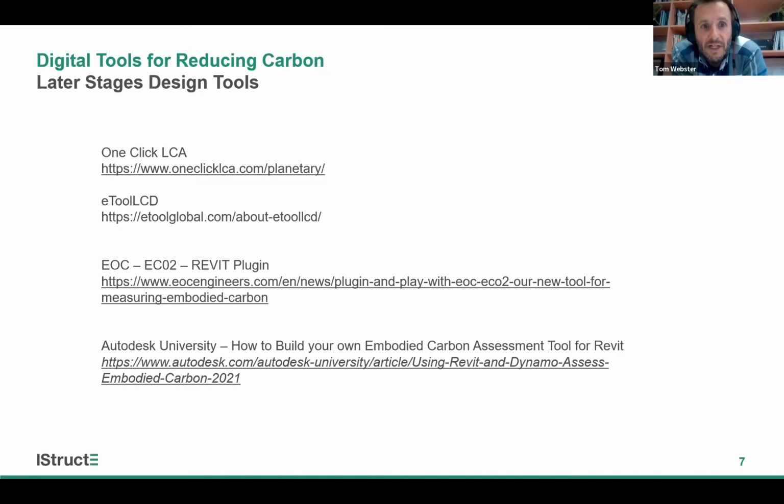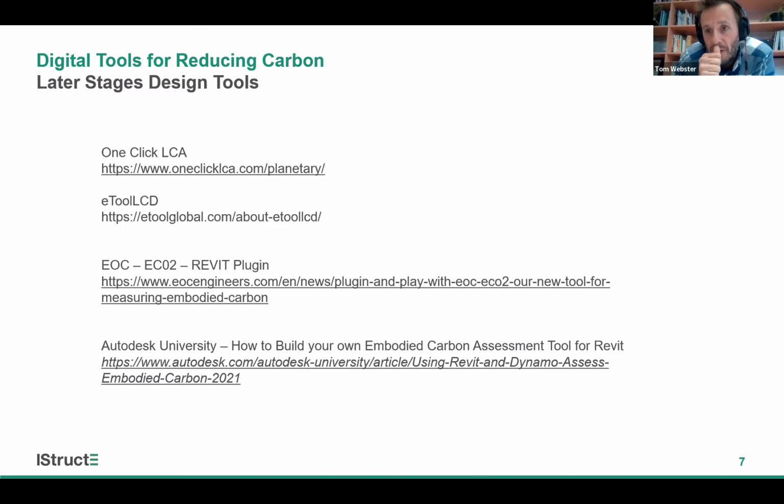So One Click LCA, actually you can use it to model all the carbon throughout a building, including a lot of the architectural and MEP parts. There's E2 ELCD, the E2 Global, again, plugs into Revit, takes the data out, so you can parameterize carbon within Revit, or you can pump out the volumes and put those through your software.